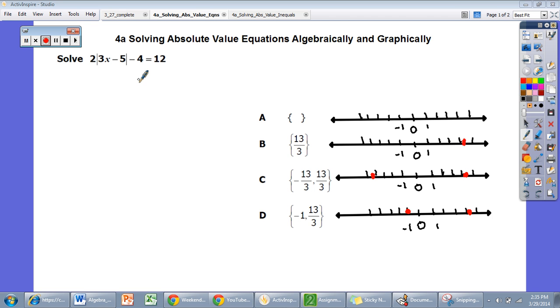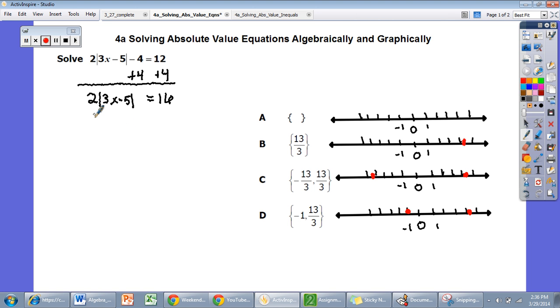So what we're going to do here is add our 4 to both sides. So we have 2 times the absolute value of 3x minus 5 is equal to 16. And we still have one more step before we can set up our two equations.